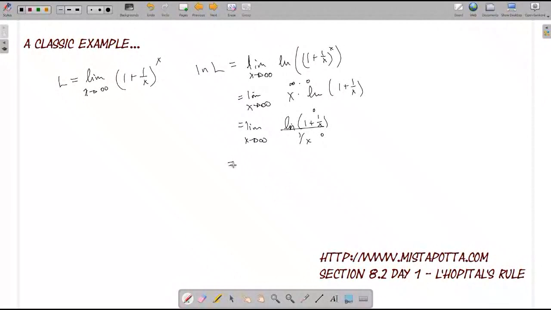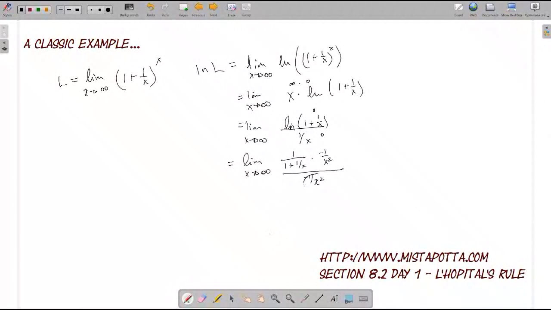So using L'Hopital's, I get the limit as x approaches infinity of 1 over my argument times the derivative of my argument. That's for the numerator. In the denominator, I get negative 1 over x squared as well.